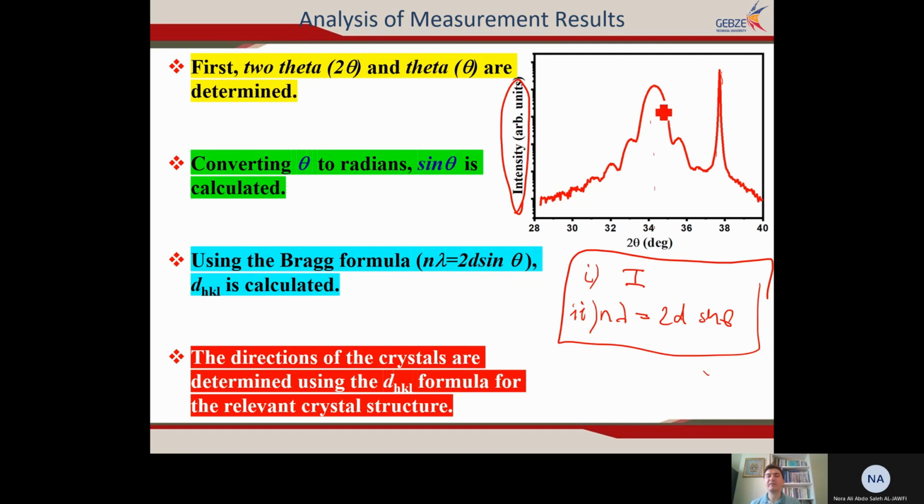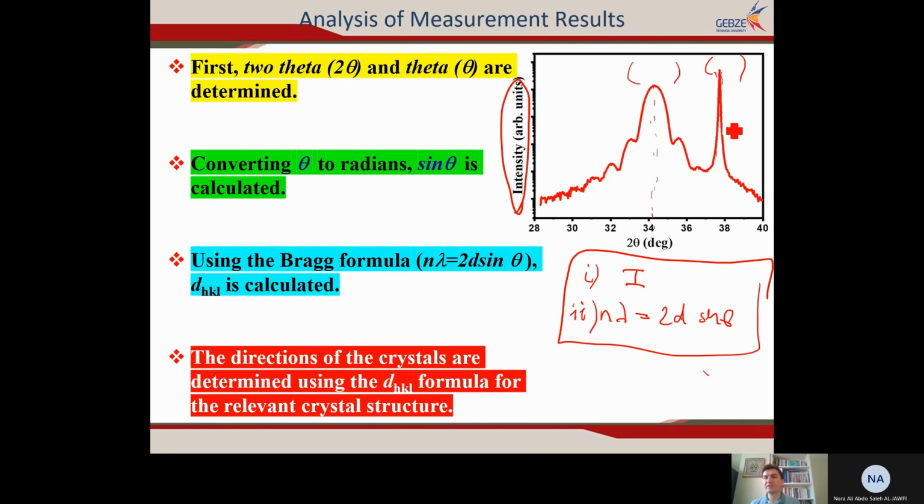So I'm asking one question. What is the name of the peak? What are the Miller indices? So does this peak belong to zinc oxide or aluminum oxide? Another question: what is the lattice parameter of zinc oxide?